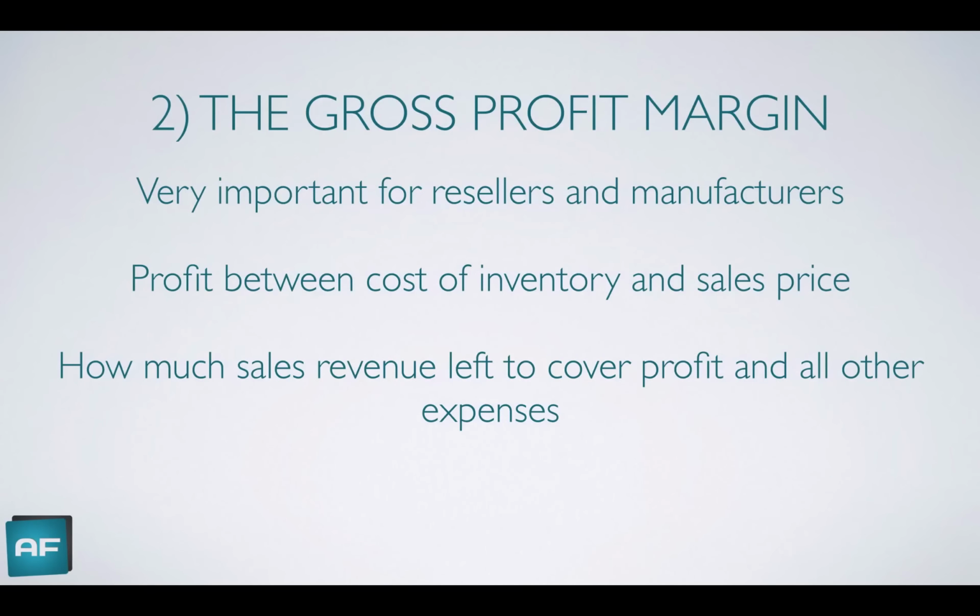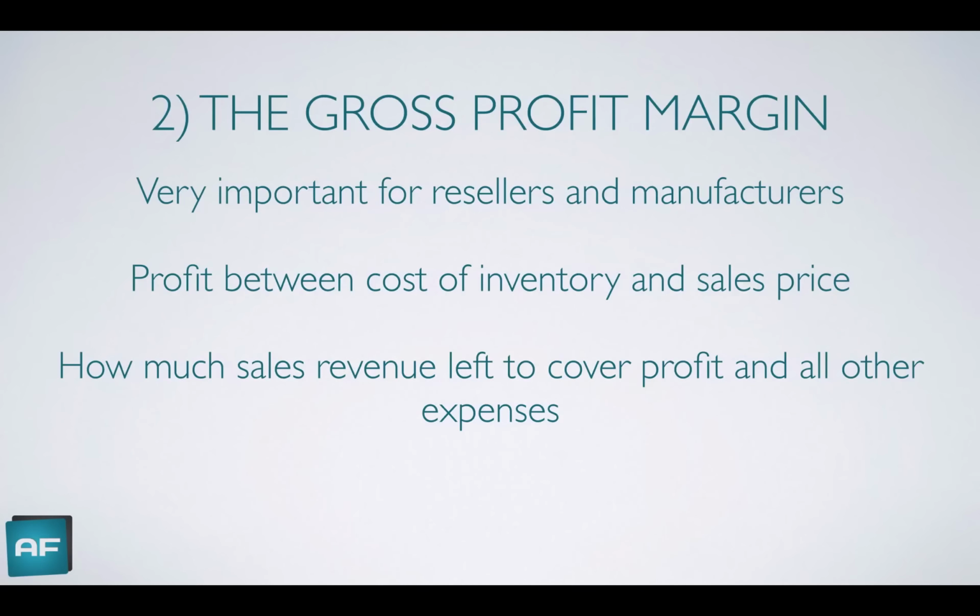Okay, the next ratio we'll look at is the gross profit margin, and this is a very important ratio for resellers and manufacturers, particularly businesses that hold inventory. Specifically, it's the profit between the cost of inventory and the sales price, or in other words, how much sales revenue is left to cover profit and all other expenses.